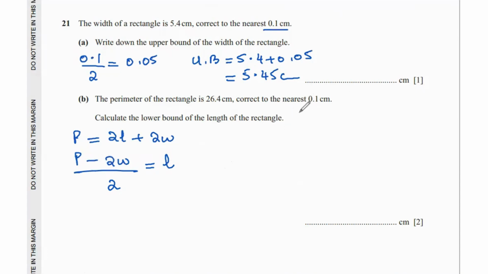So what we will do is, we need to find the lower bound of the perimeter and the upper bound of the width, so that we can find the lower bound of the length. In difference, when we're finding the lower bound, it would be lower bound minus the upper bound. And if we're trying to find the upper bound in difference, it would be upper bound minus lower bound.